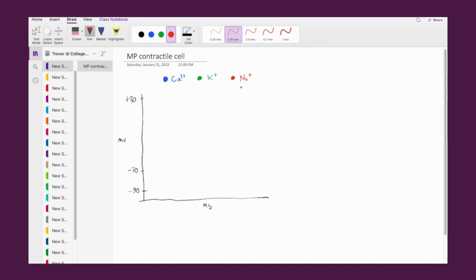Cool. Okay, so the first thing we're going to start out with is a little bit of green, and we're actually not going to start at the first step. It makes a little more sense just to start at the fourth so we see what's going on. So here we are, down at negative 90 when we are polarized. This is going to be our resting membrane potential, around negative 90.